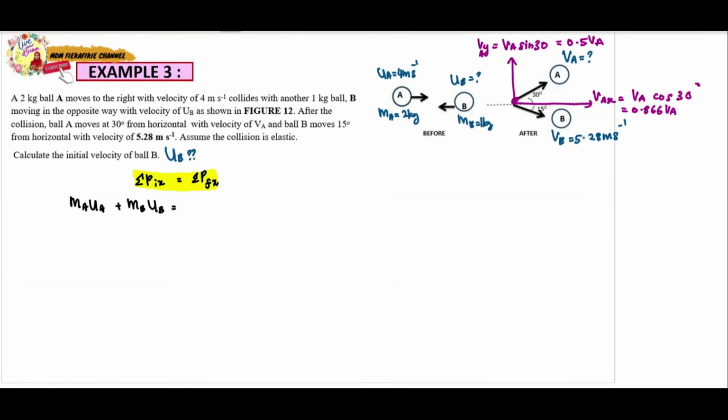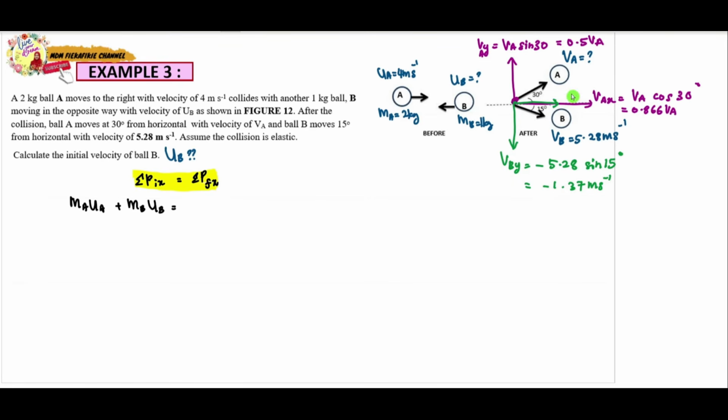Okay, so another one, VB. So VB kita ada kat bawah ni, VBY negative, okay, 5.28 sin 15 degrees. So negative jangan lupa ya. So negative 1.37. And VBX pun jangan lupa.